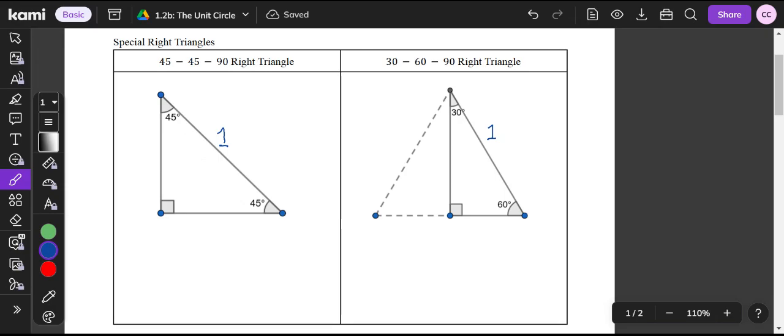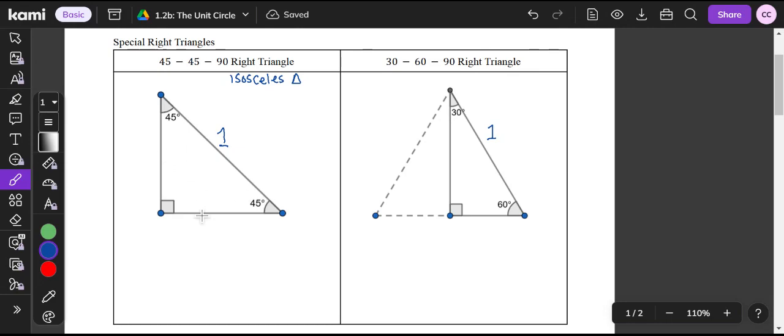When we have a triangle that has two matching angles, we call that isosceles. So if you want to make a note of that, this is an isosceles triangle. And in an isosceles triangle, the sides across from our matching angles must also match.